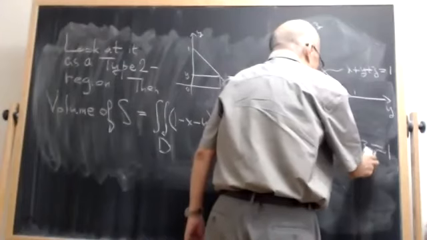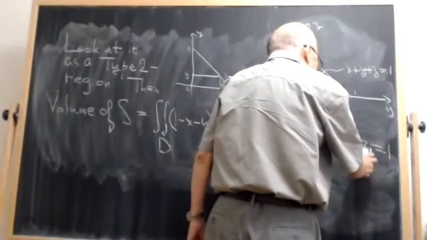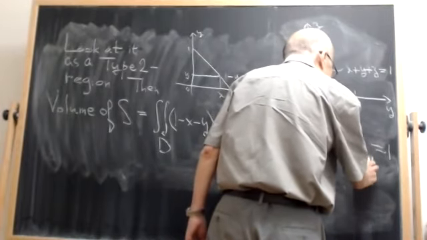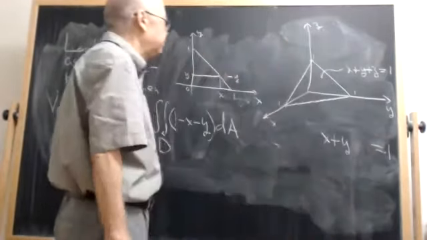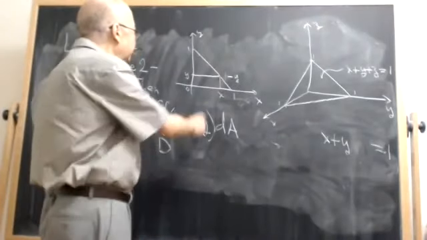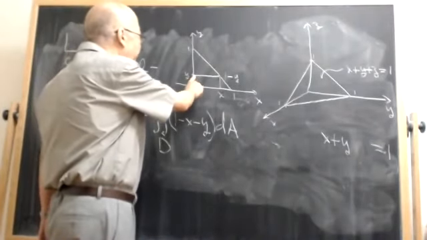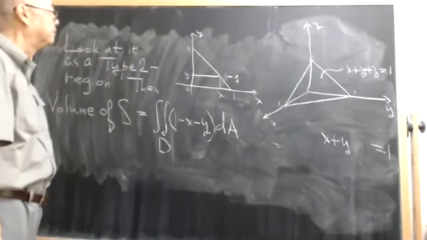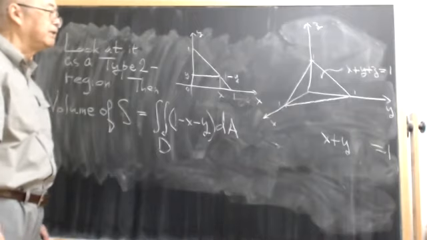Now, we put x equal to 0 because we are on the xy value. So y actually goes from here to there. No, x moves from left to right. y moves from 0 to 1, then x moves from 1 to 0.